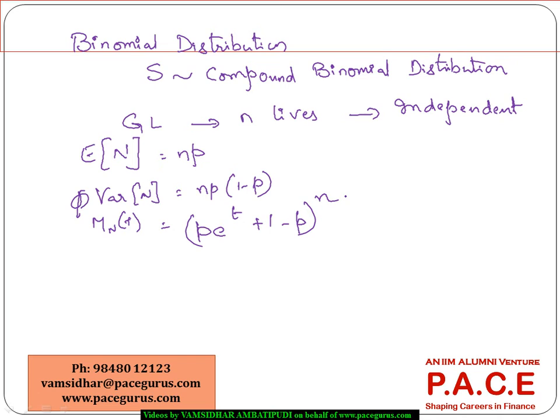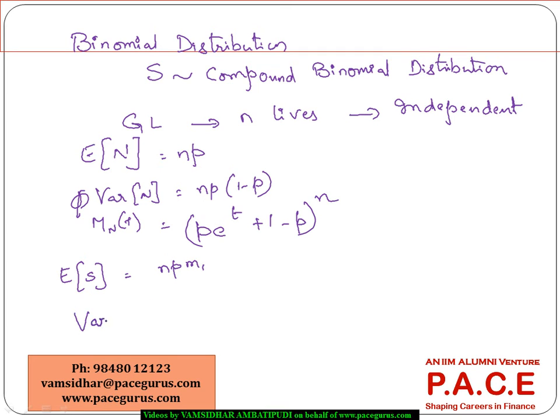Now the same logic: N is having a binomial distribution, which means S is having a compound binomial distribution. But the only thing in this case, compared to a Poisson distribution, is there is an upper limit to the number of claims, whereas in Poisson literally there is no upper limit to the number of claims. Now using this data, if I want to find out the expected value of S, it becomes npM1.